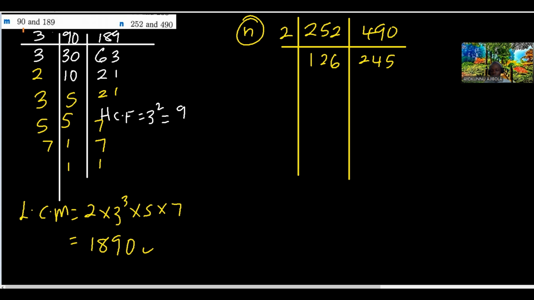We can say our HCF is 2 if nothing will divide them altogether. Is that clear? But let me confirm 252 and 490, if anything will be able to divide all through. Let's see.